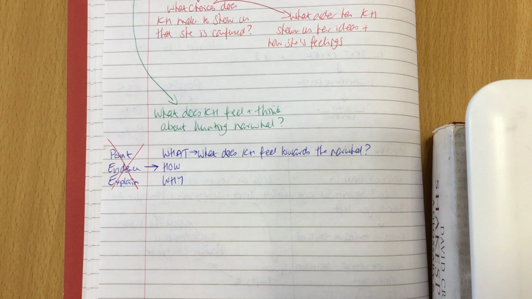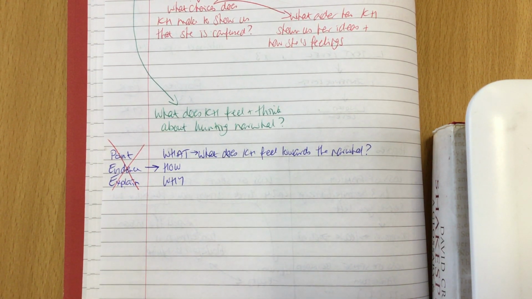Absolutely. How does she do it? How does she show us this is what I'm feeling? She won't tell you, I feel like this towards them. No, she will show you. Okay? This is where we can put our evidence.